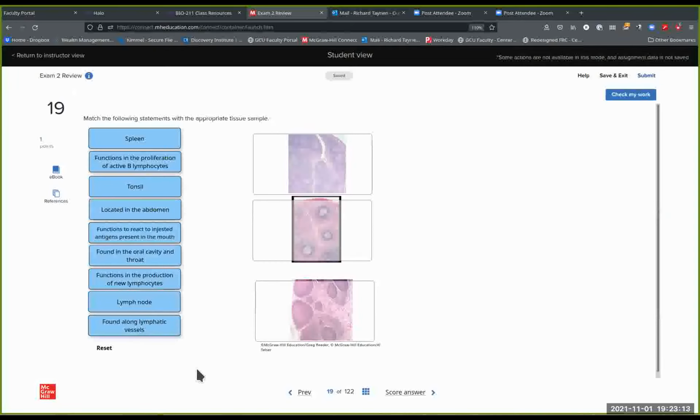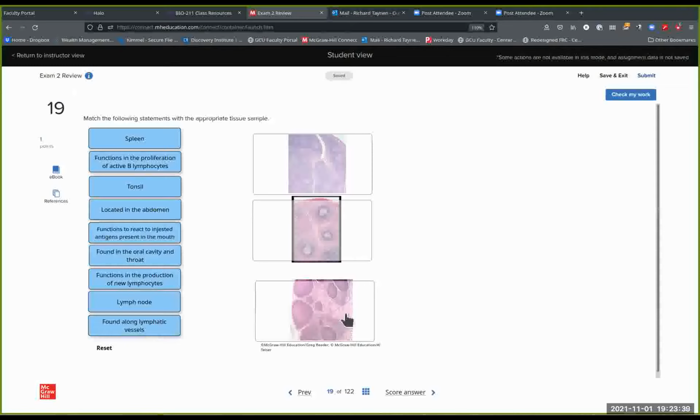All right. So this is just recognizing these different organs. So which of these is lymph node? What'd you think? It's this one down here.